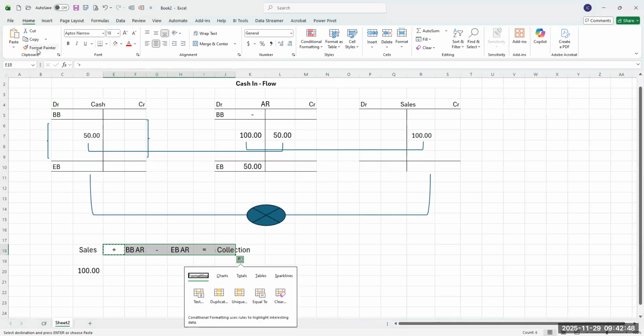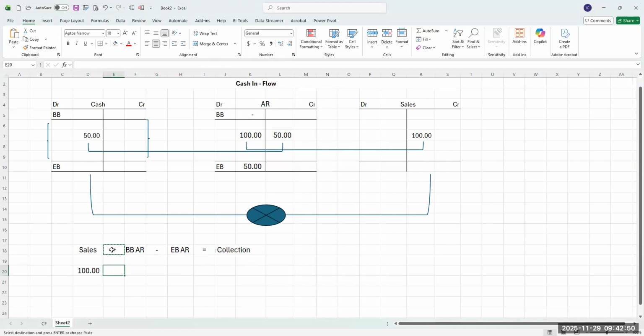Let me grab this one here and put it right here. So my beginning balance was 0. My ending balance is 50. How much cash did I collect? 50. Is that clear now for everybody?